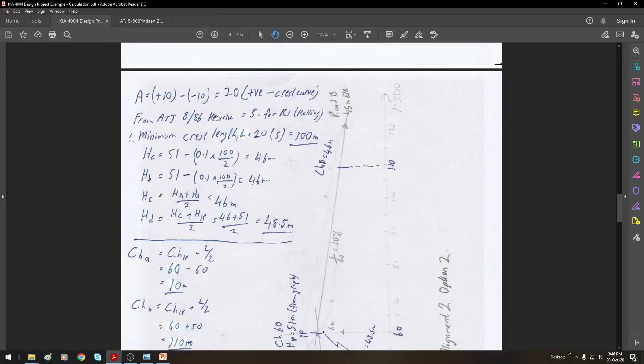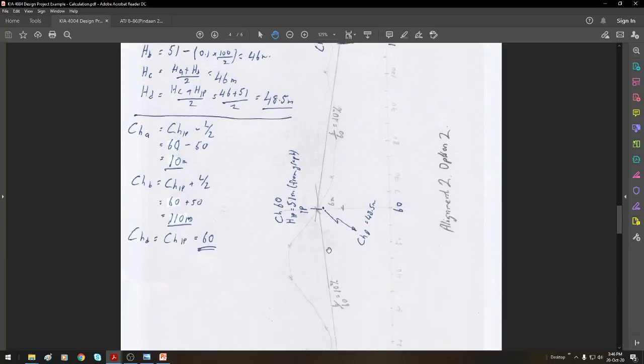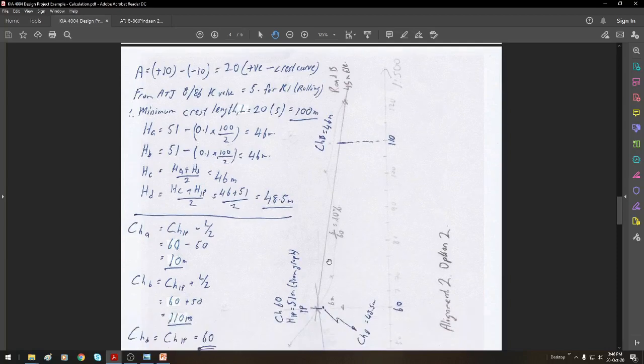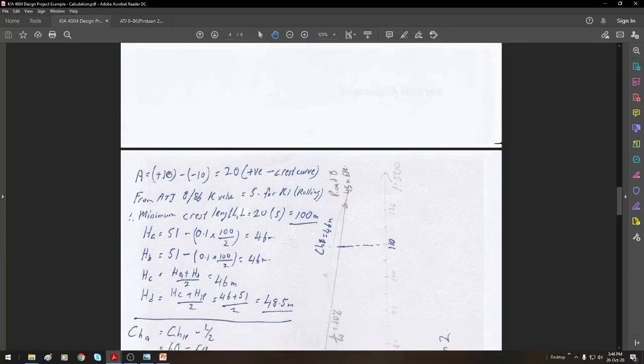first you calculate the A value. A value is positive 10, which is the first section here, going up, minus negative 10, it is going down here, so it is negative 10%. So positive 10 minus negative 10 equals 20.